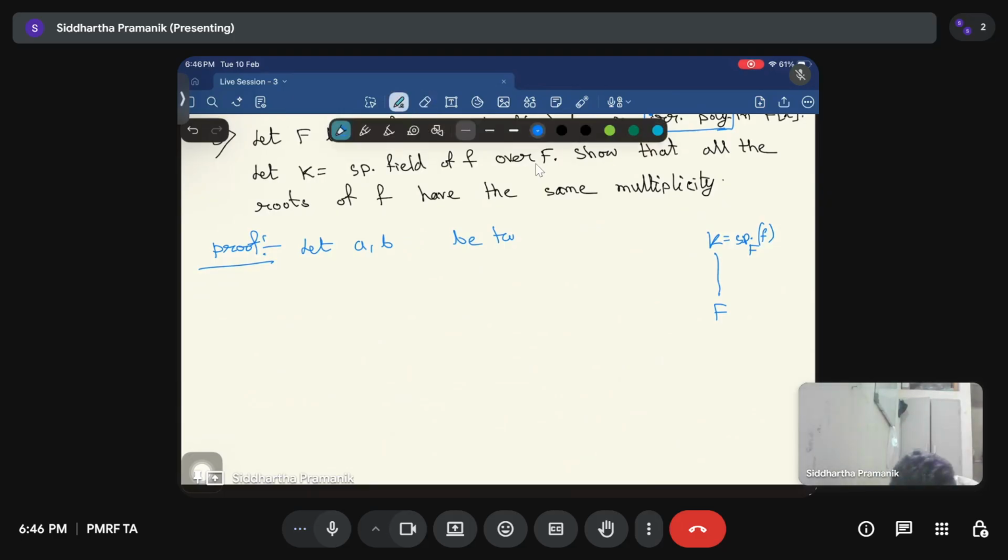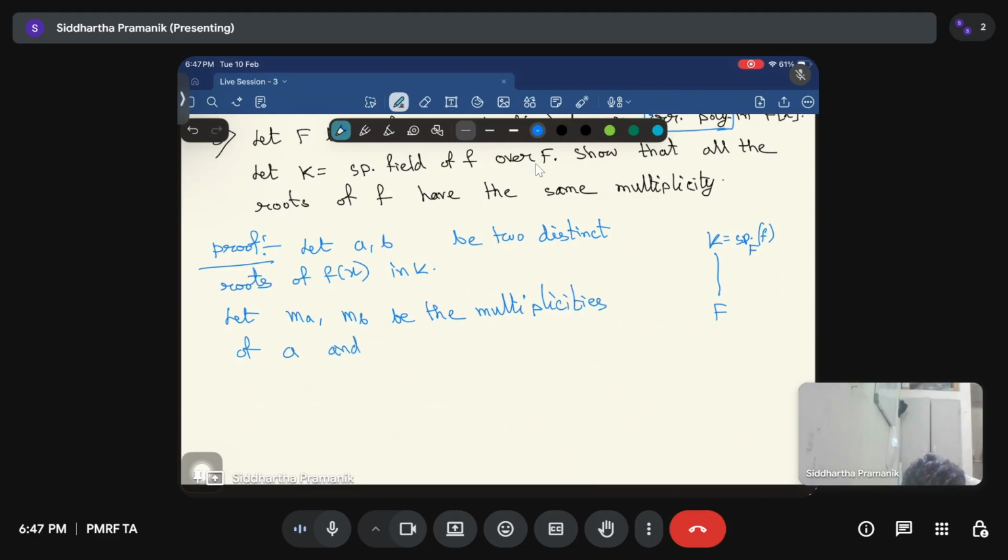It is trivial because all the roots have to lie in K. So let a and b be two distinct roots of f(x) in K, and also let m_a and m_b be the multiplicities of a and b respectively.